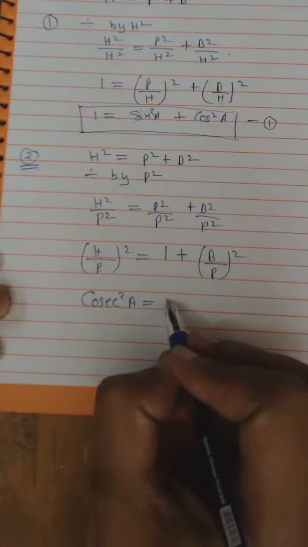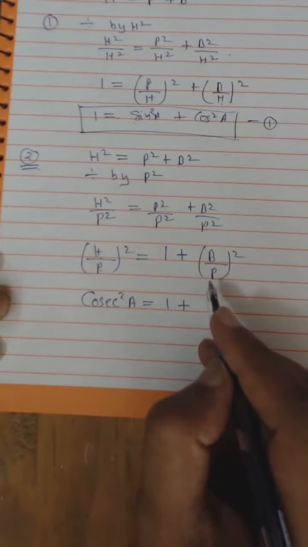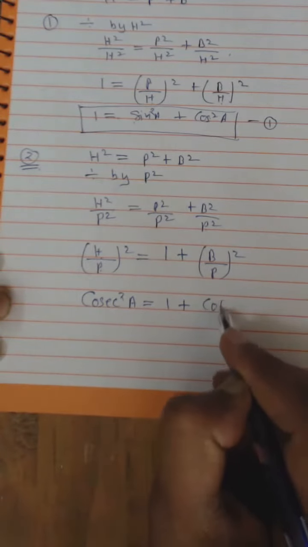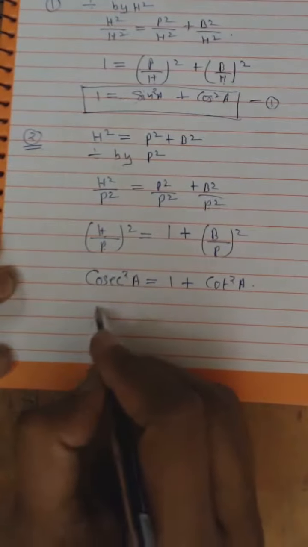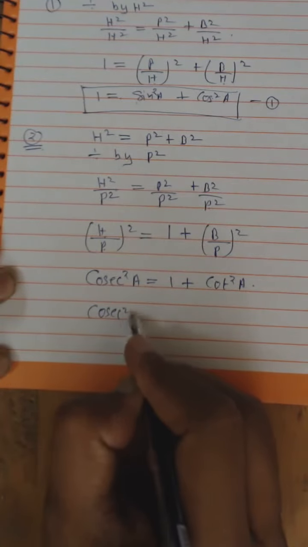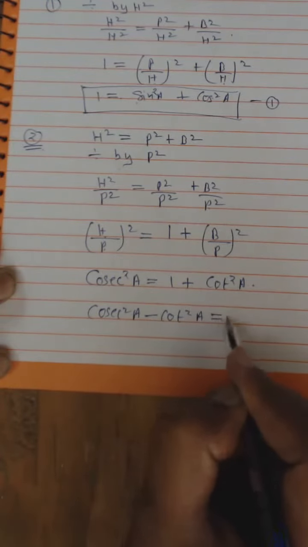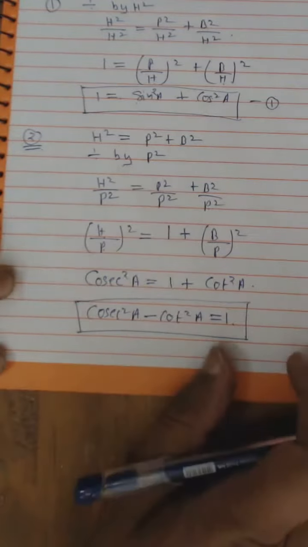Now cosec square A is equal to 1 plus b over p whole square. b over p, base over perpendicular, gives you cot. Now cosec square A minus cot square A is equal to 1. This is our second identity.